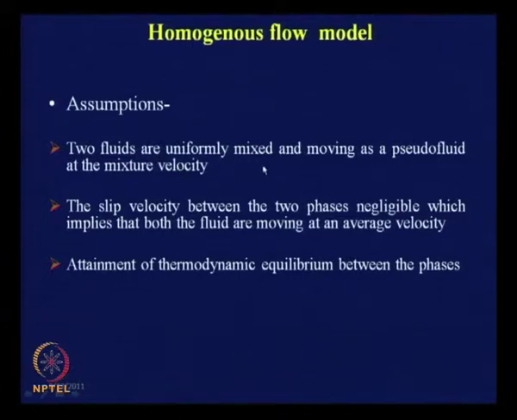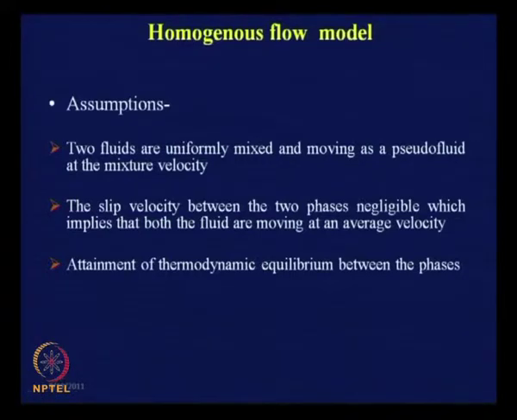Naturally, two fluids are uniformly mixed and they are moving as a pseudo fluid at the mixture velocity. So this automatically implies that the slip velocity between the two phases is negligible, in other words the two fluids are moving at the same average velocity. So, what does it imply?